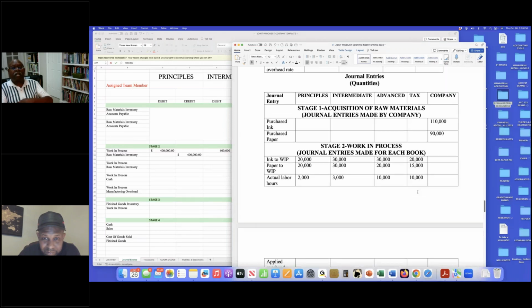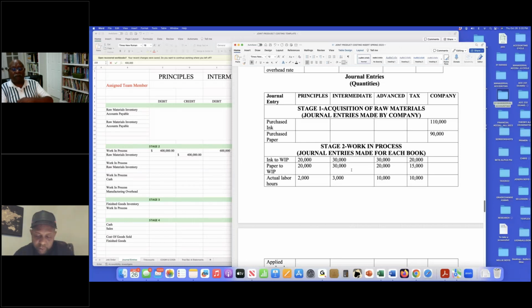Now, what are you going to do for the labor? Multiply that by the labor rate, and then debit work in process. Say it again, what was your labor rate?